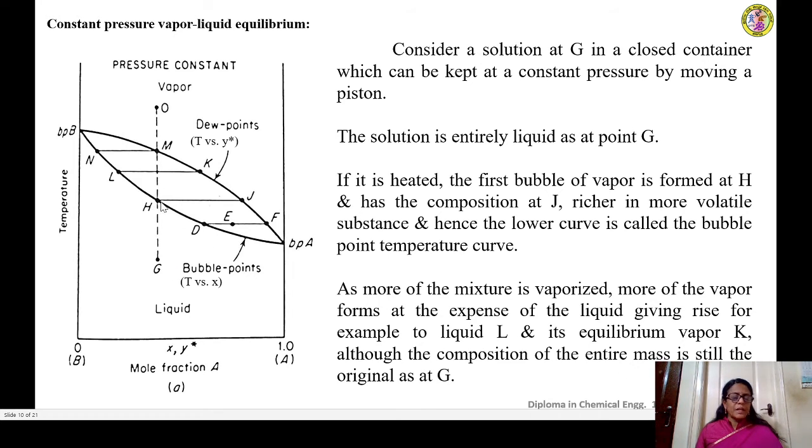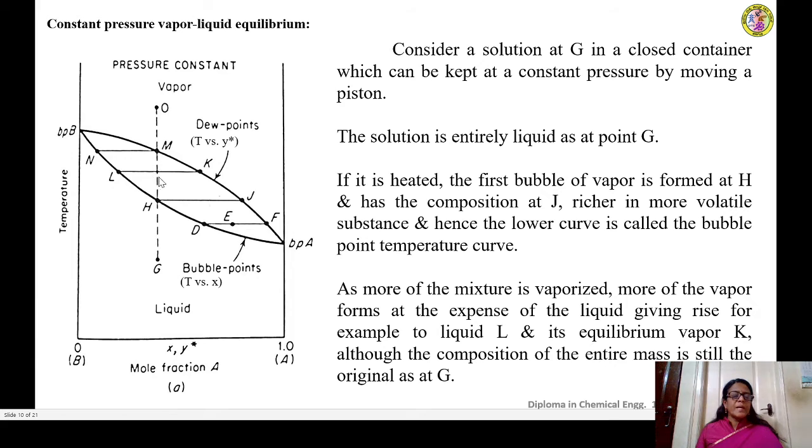So now if you continue to vaporize the given mixture, keeping the pressure constant, then the heating process continues from point H to M. Now, increasing the temperature keeping the pressure constant for a solution represented by point H results in more and more vapor produced at the expense of the liquid, means the liquid quantity reduces but the vapor quantity in the given mixture increases.